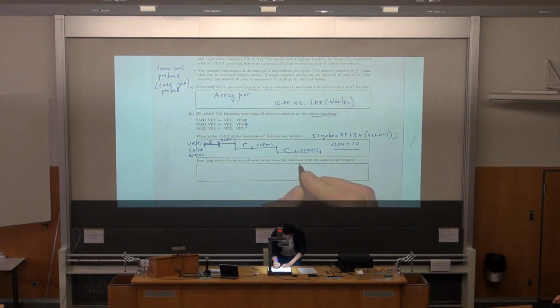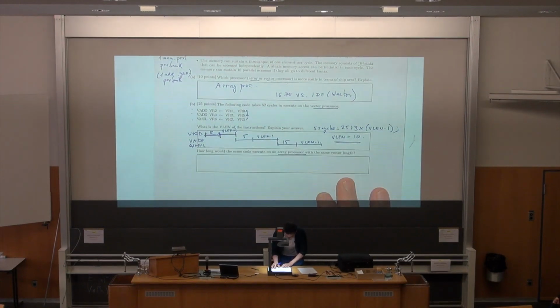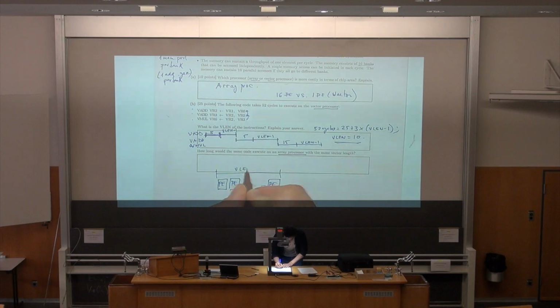And now the next question says, how long would it take to execute on an array processor? So keep in mind that in the array processor, what we are going to have are several processing elements that can execute operations in parallel. In this case, the question says that we can assume that we have VLEN processing elements.